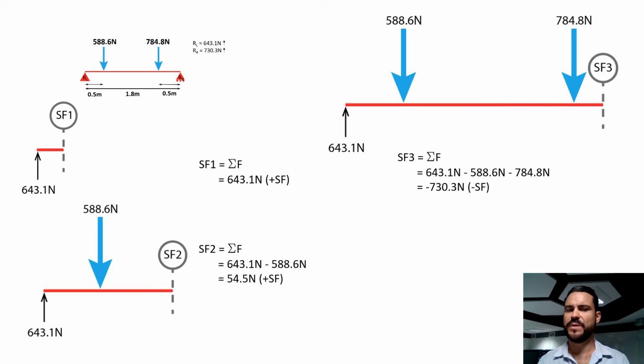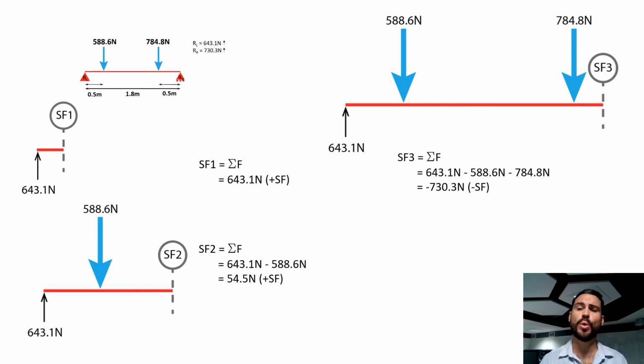What the positives and negatives is really relating to is the direction, whether the force is moving up or the force is moving down. That's just a little bit of a side note, but it's useful for us to include the positives and negatives to get a better grasp on all of that.